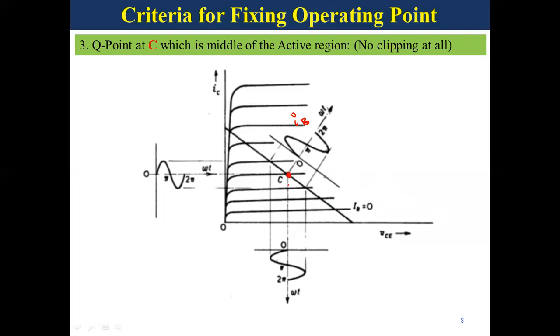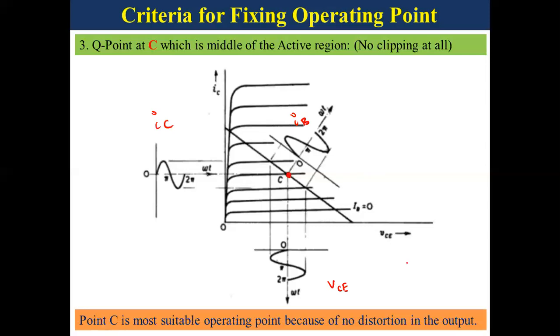Since the operating point is in the middle of the active region, for the complete positive half cycle and complete negative half cycle, the transistor is operated in the active region, and hence there is no clipping in IC and VCE. So there is no distortion at all if the operating point is in the middle of the active region. So we can say point C is the most suitable operating point because of no distortion in the output.